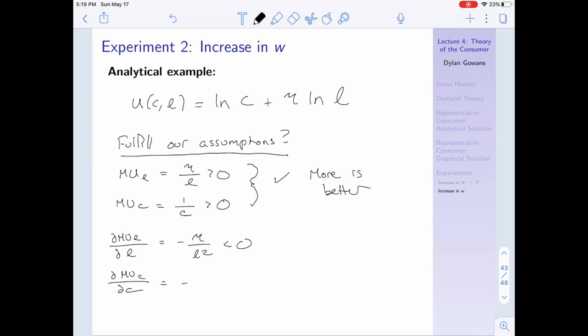And the derivative of the marginal utility of consumption with respect to consumption is negative 1 over C squared, which is also negative. So we do have decreasing marginal utility. And I'm not going to show it, but you can show that both of these are normal goods. It takes a few lines. Maybe I'll make it an exercise. But you can show that these are normal goods. So that one also holds.